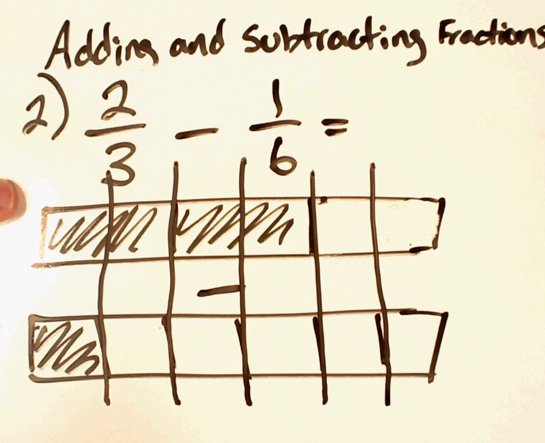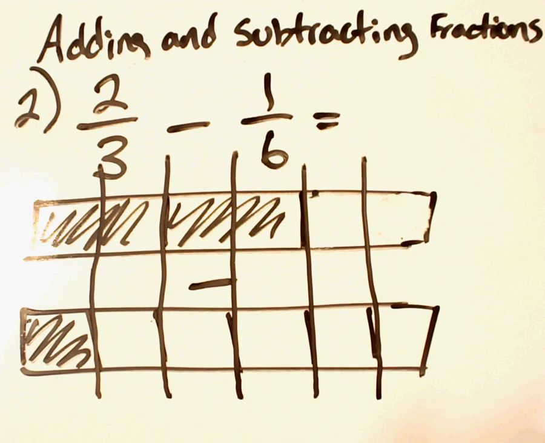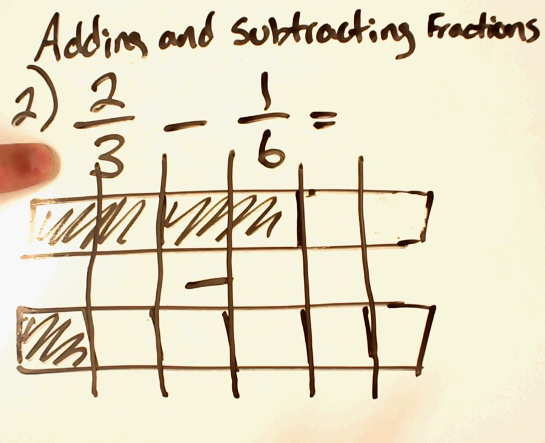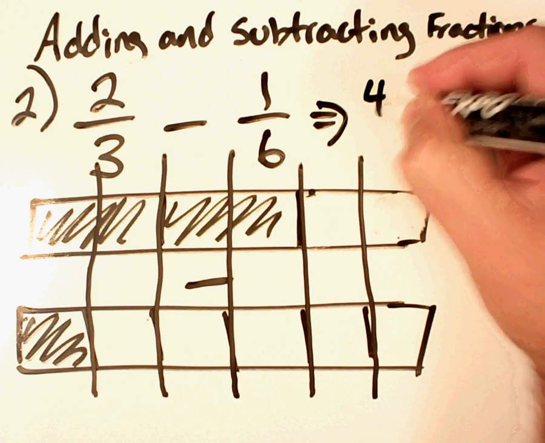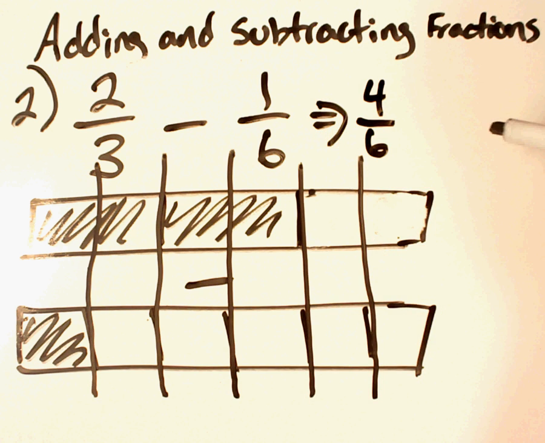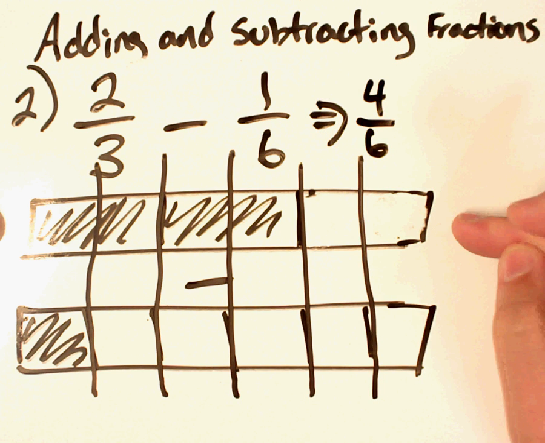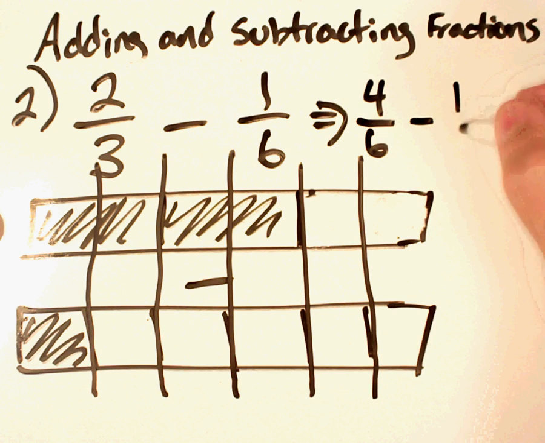All right, so what I'm going to end up with is this problem is going to change, and now instead of 2/3, I've got 1, 2, 3, 4 over 6. So this changes to 4/6. My 2/3 changes to 4/6, and then I'm going to subtract 1/6.